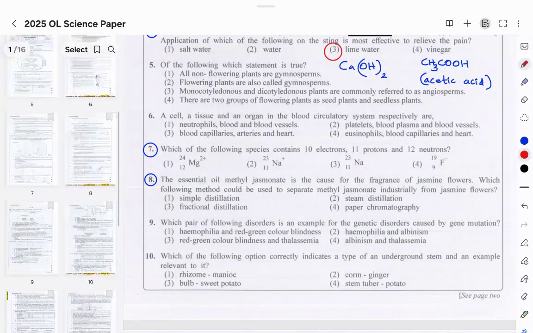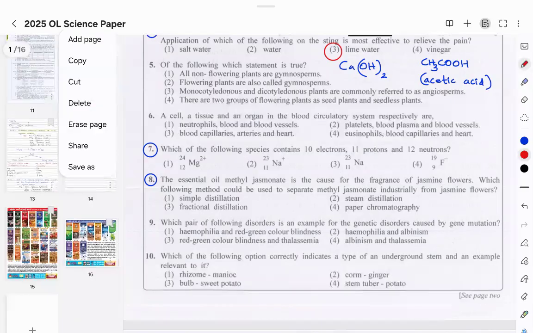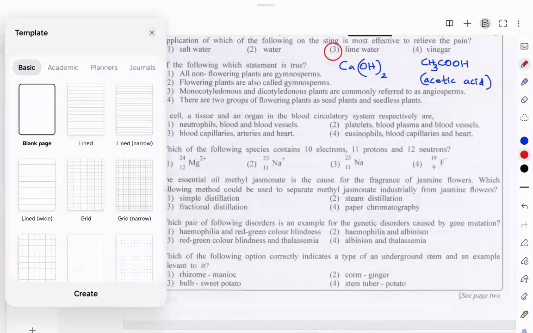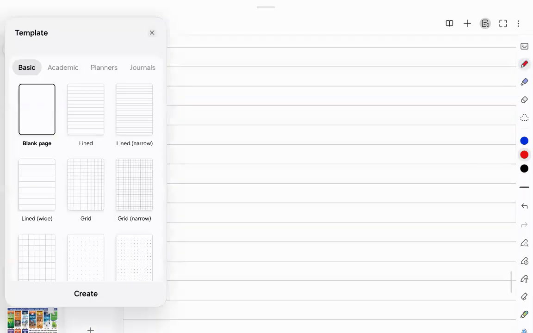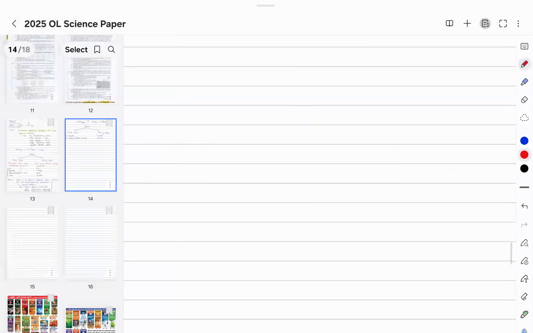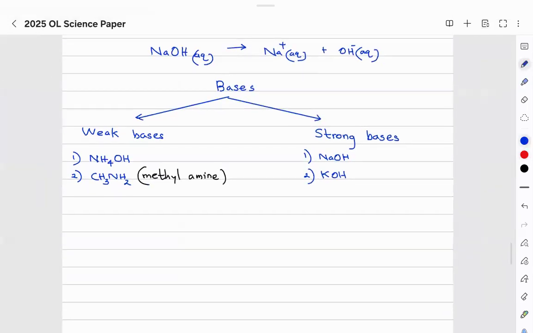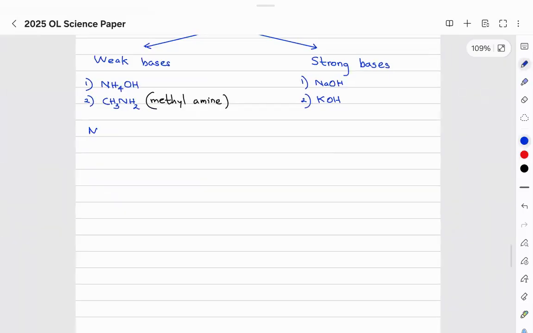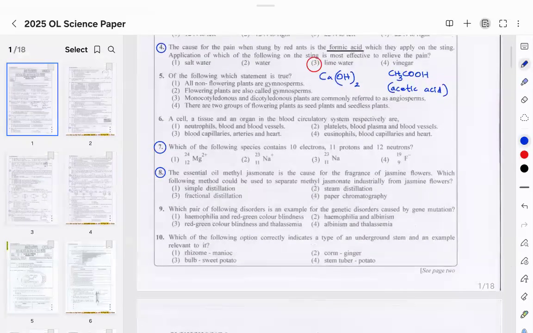But before that, I want to revise here a few things. Let's see whether you have the basic knowledge, grade 10 knowledge. Recall what we learned. This is MCQ number 7.